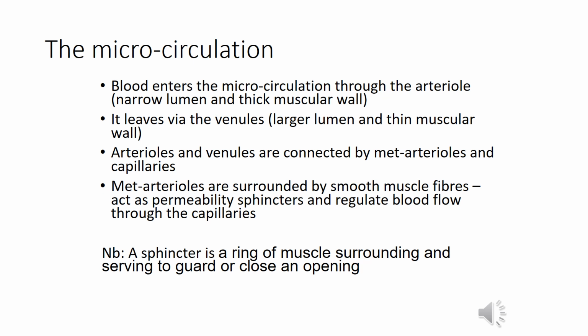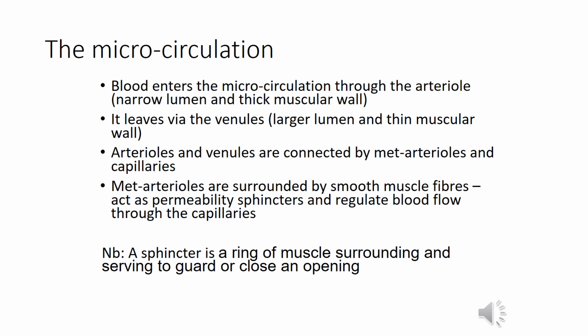Again, the venules will have the characteristics of veins, which have a comparatively larger lumen and a thinner muscular wall. Now, in between the arteriole and the venules are what we call the metarterioles and the capillaries. So you have the arteriole, metarterioles, capillaries, and then the venules.